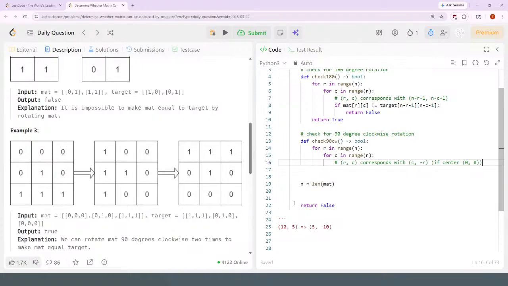So I could do a translation of r, c to r minus n divided by 2, c minus n divided by 2.